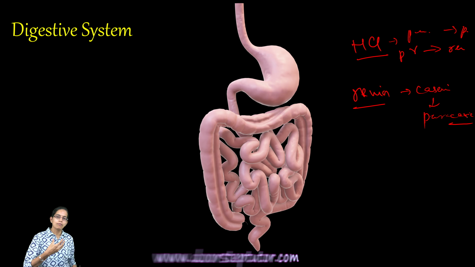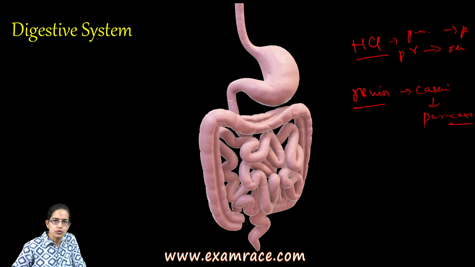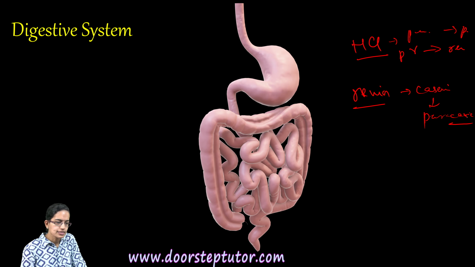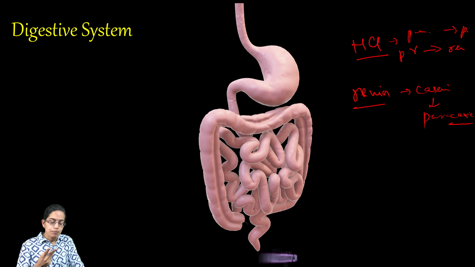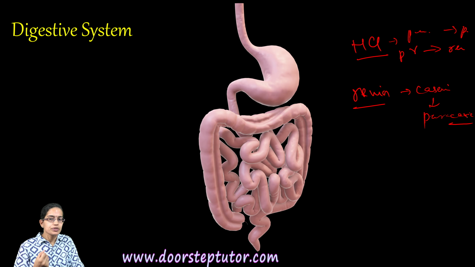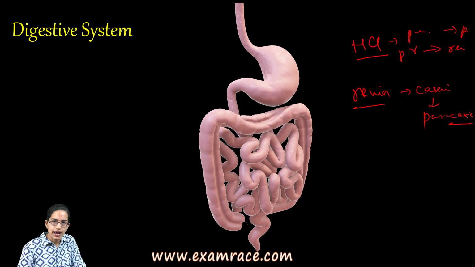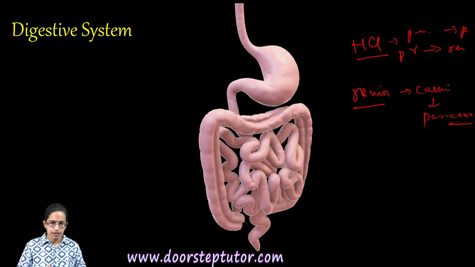What is the muscular contraction and relaxation movement of the food pipe known as? This is known as peristalsis. Next is bile: where it is secreted, where it is stored. It is produced in the liver, stored in the gallbladder, and then you have the common bile duct, which combines the duct from the gallbladder and the hepatic duct.